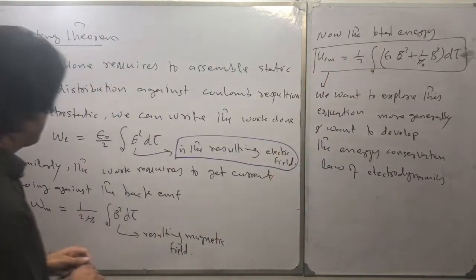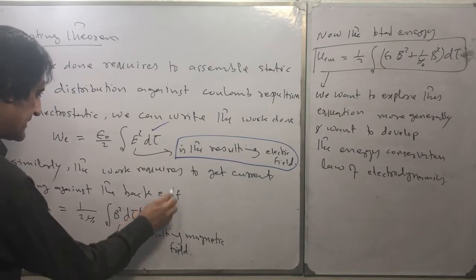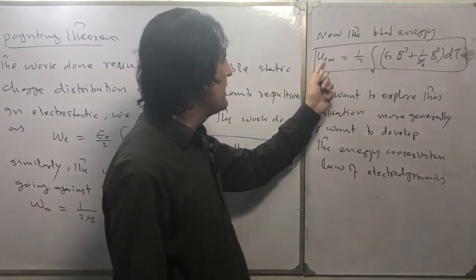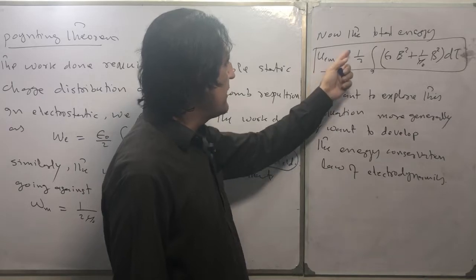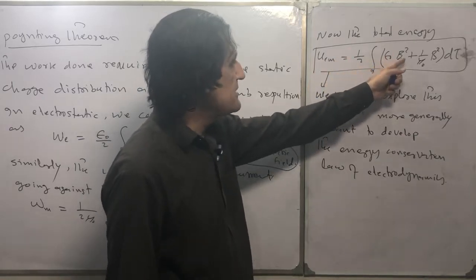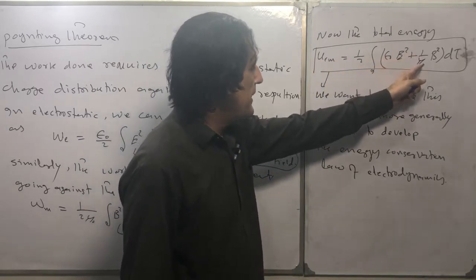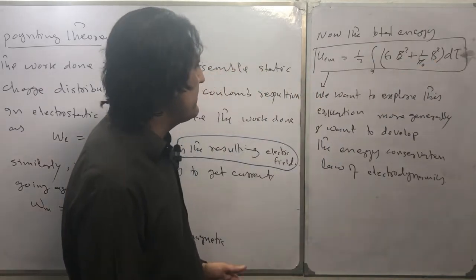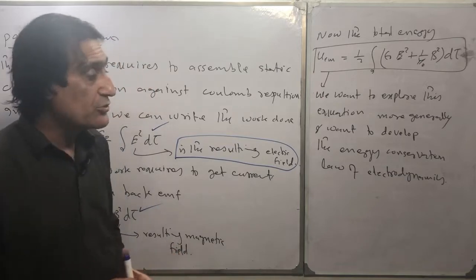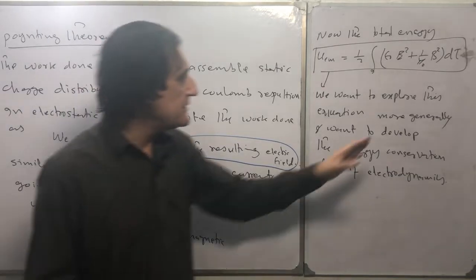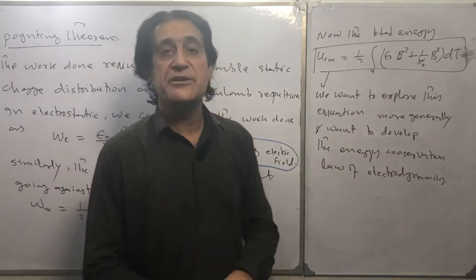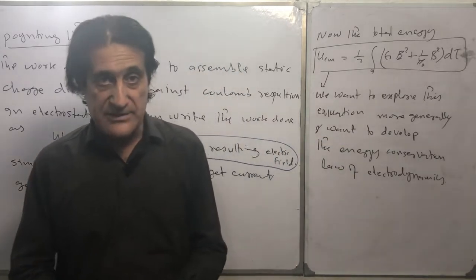If we add both of these, this will be the energy of the electromagnetic field: 1 over 2 integral of epsilon naught E square plus 1 over mu naught B square d tau. This equation is very important, and we want to explore it more generally and develop the energy conservation law of electrodynamics.